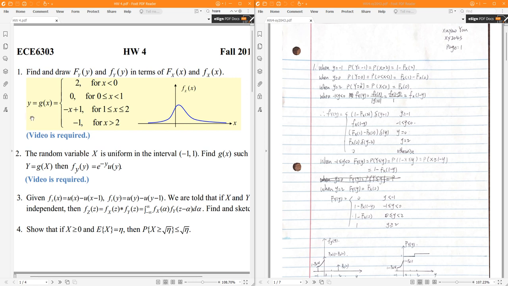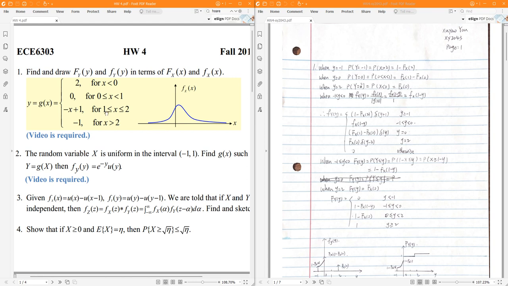And for y equal to 2, we can use the same method to get that the probability is of x smaller than 0, which is fx of 0.